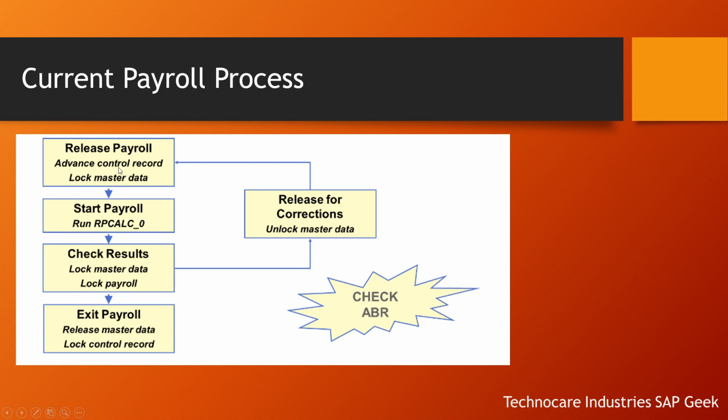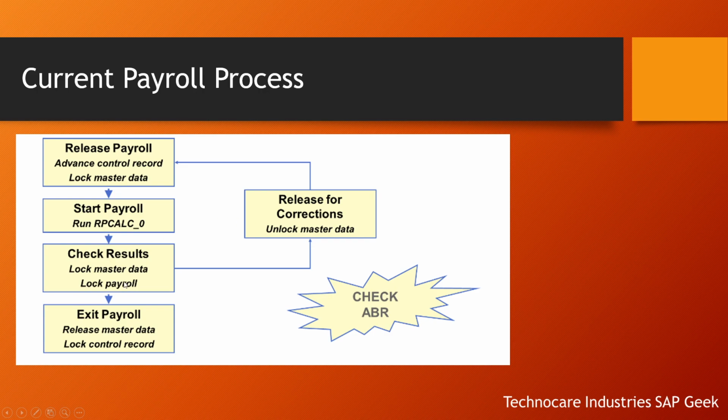Within this there is an iteration of multiple payroll runs. This iteration is done until we are satisfied with our payroll results. It means during this step, check payroll results, if we find any differences or any unexpected values, we have to correct the master data and run the payroll again, right?